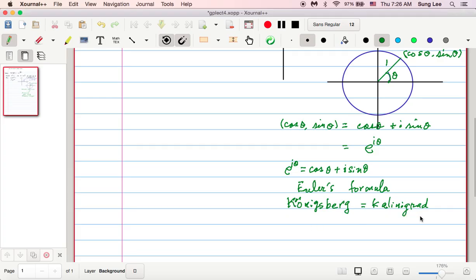Now it became an exclave of Russia, and the name is Kaliningrad. So that's the reason why it's controversial. But anyway, what's important is that this is called Euler's formula. All right, so let's get back to our business. I got distracted.